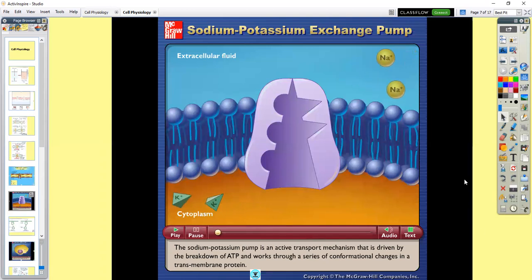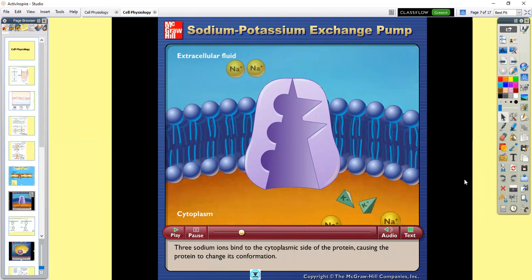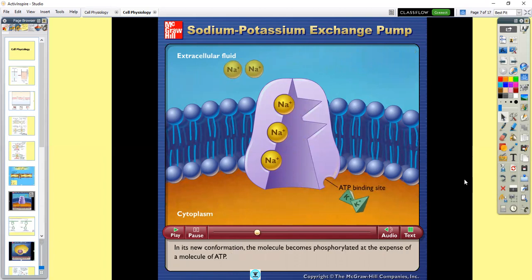The sodium-potassium pump is an active transport mechanism that is driven by the breakdown of ATP and works through a series of conformational changes in a transmembrane protein. Three sodium ions bind to the cytoplasmic side of the protein, causing the protein to change its conformation. In its new conformation, the molecule becomes phosphorylated at the expense of a molecule of ATP.